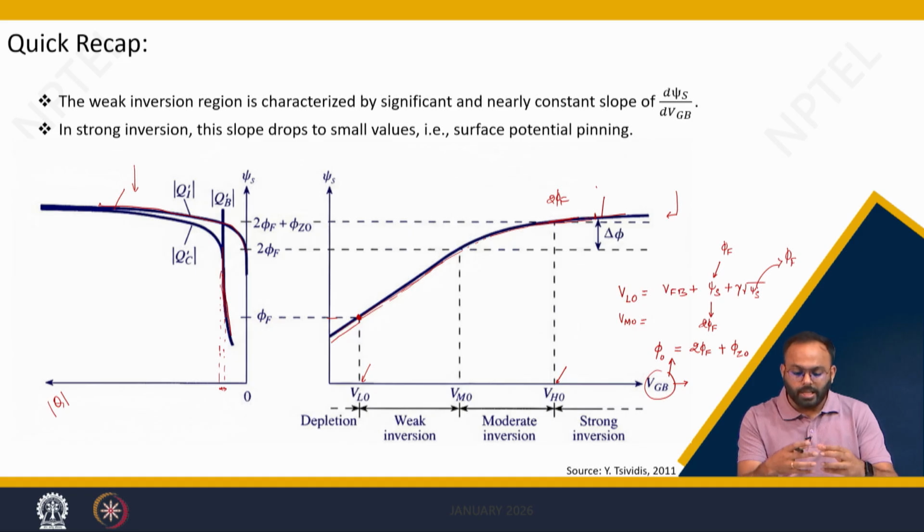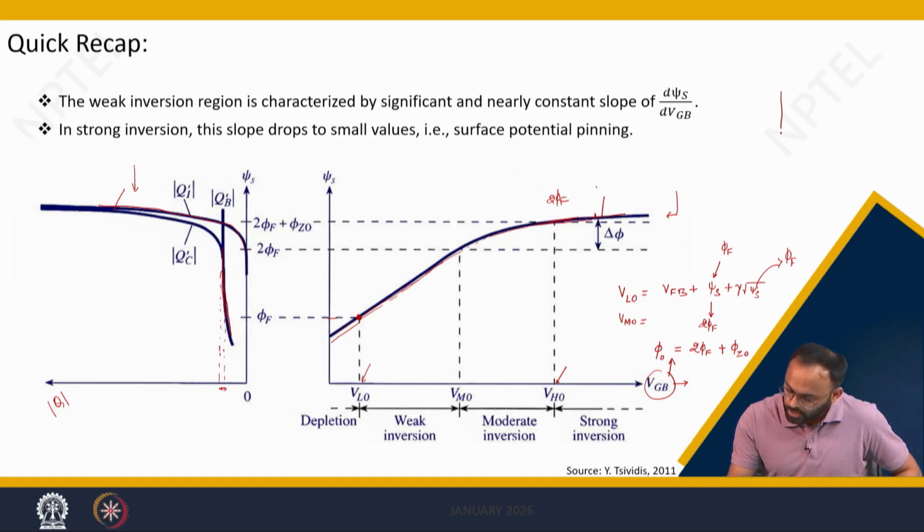So it will be like inversion charges form a sheet, right? So by solving these equations, we just got that my MOS structure does have charges at various conditions of gate to body voltage.